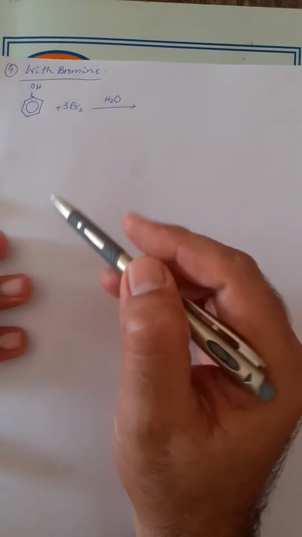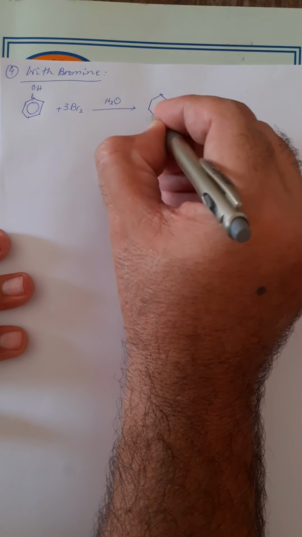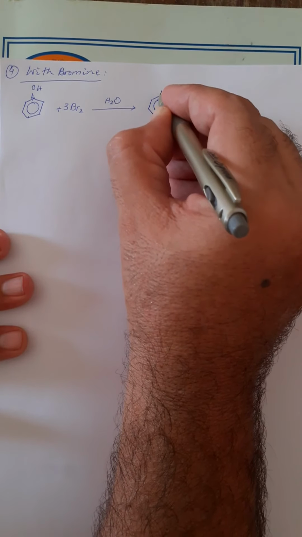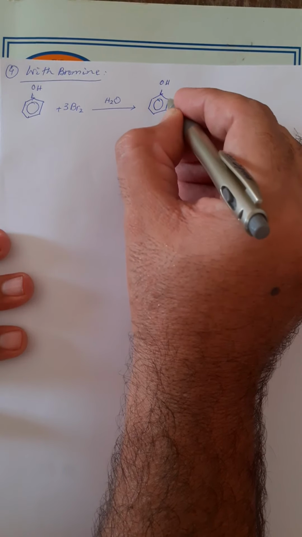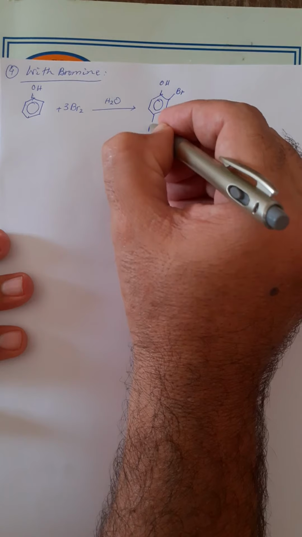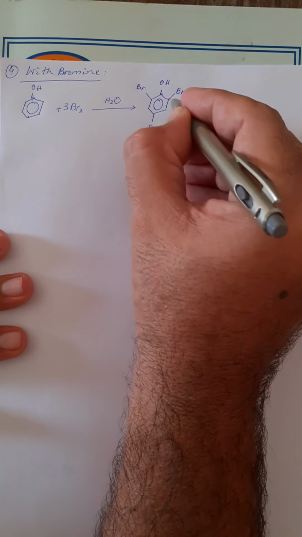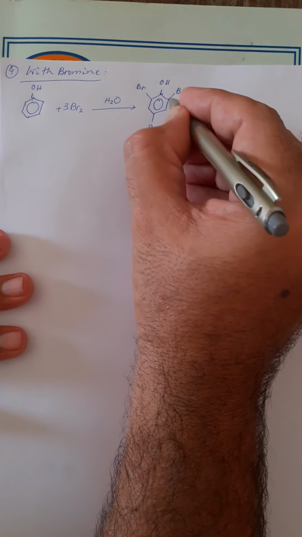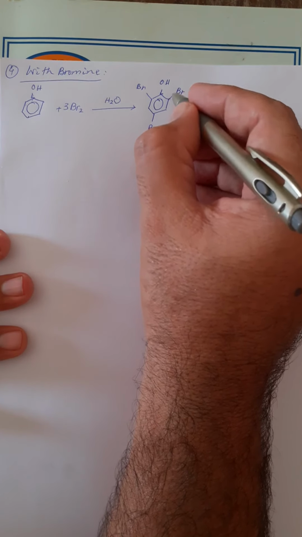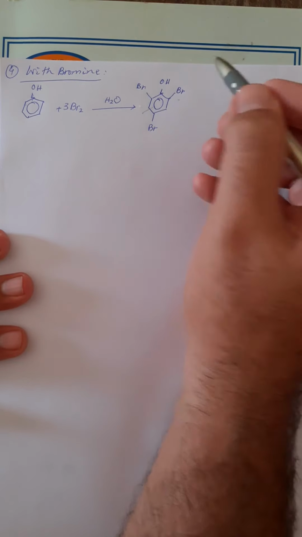So there are 3 atoms of bromine which substitute in the ring in place of hydrogen. So you can make it like this: bromine, bromine and bromine. Now some students make it like this. That's not right. Or this, no. Whenever there is an attachment on this carbon, it is always shown in this orientation.